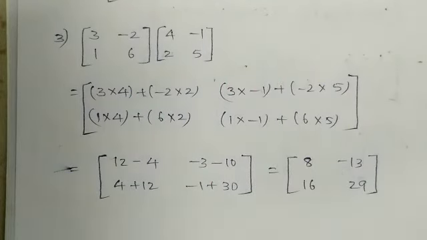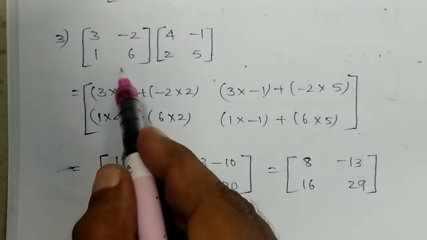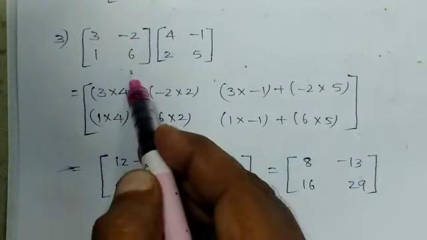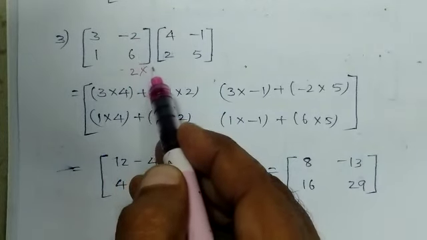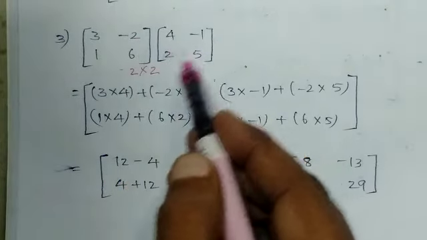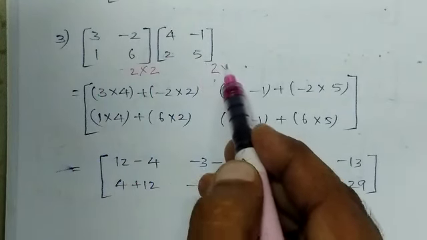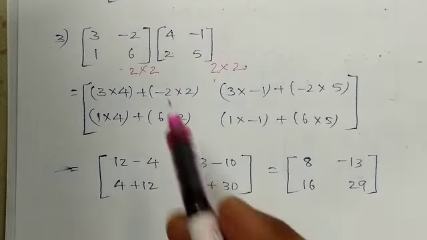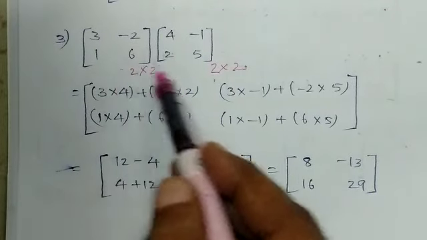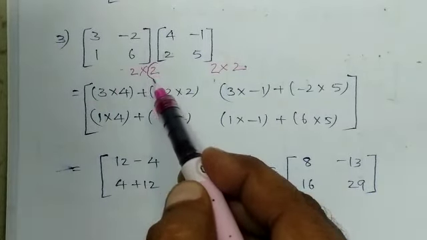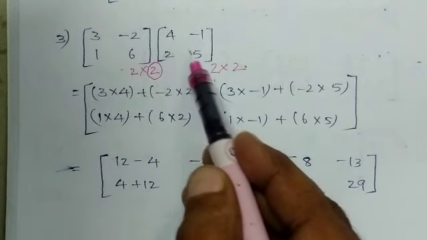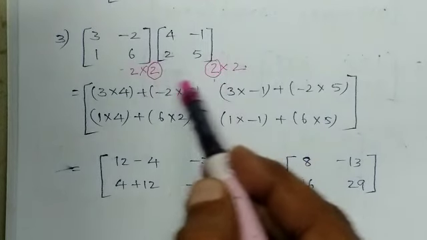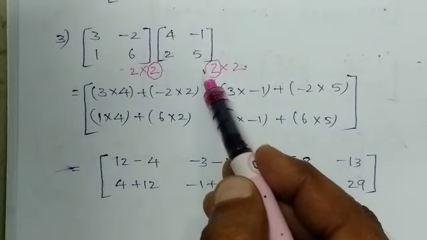Now check the possibility. What is the order of this matrix? 2 rows, 2 columns. 2 by 2 matrix. Second matrix also 2 by 2. What is the condition? In the first matrix, number of columns. In the second matrix, number of rows. If these two are equal, multiplication is possible.